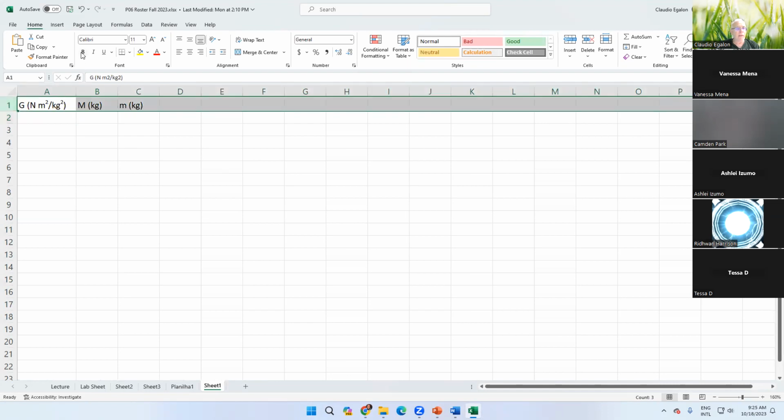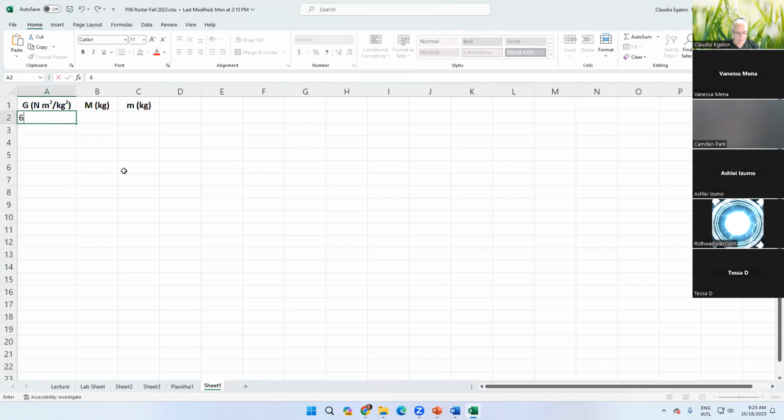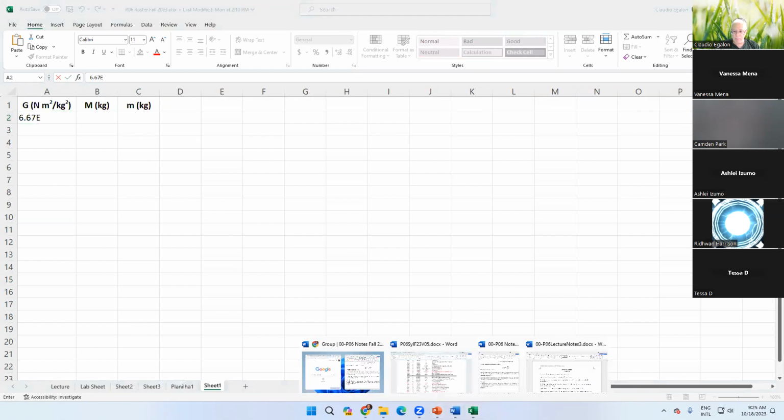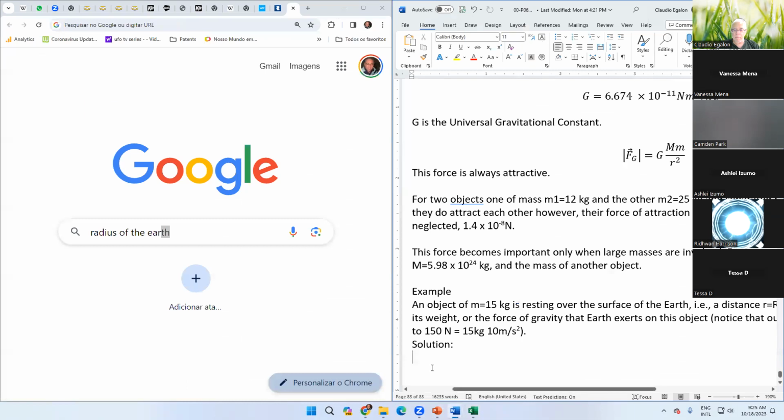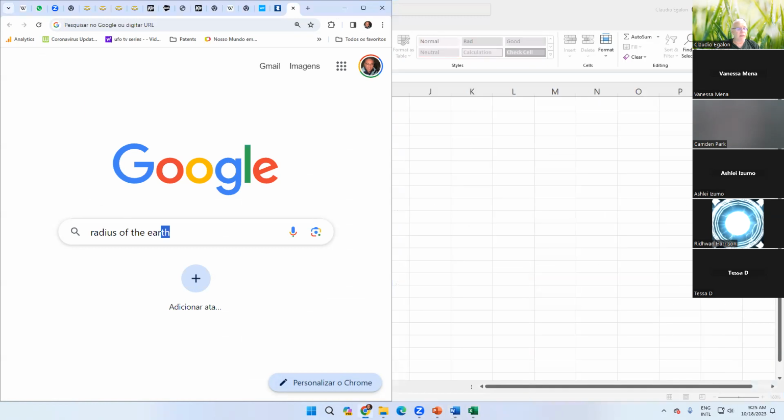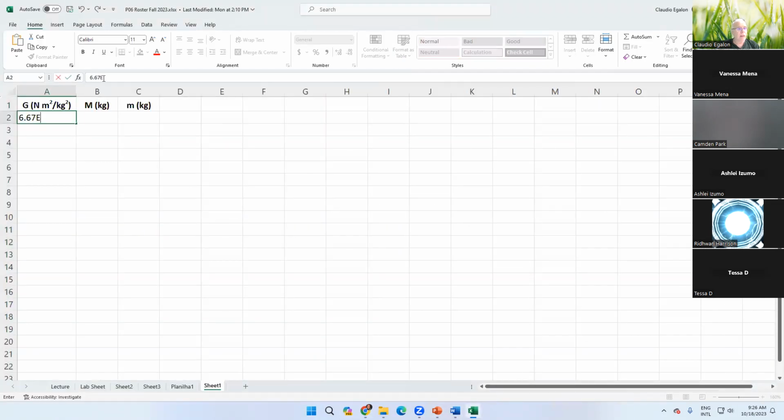Let's see, 6.67 E minus 11, let's take a look at the value.